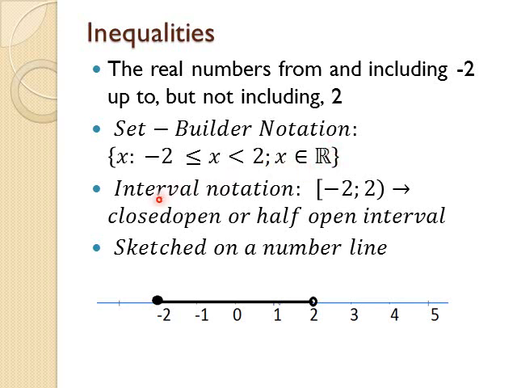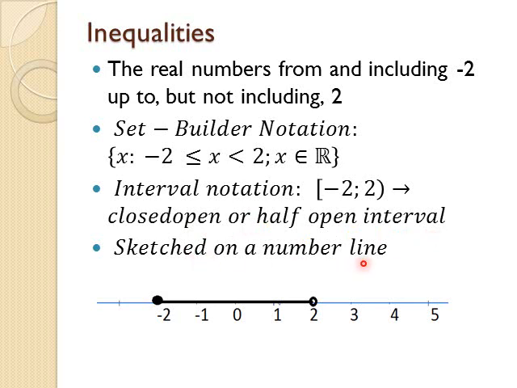Close brackets. Interval notation, because we're greater or equal to negative 2, I have a closed bracket, minus 2, and there it's not equal to 2, so therefore an open bracket, 2. This is called a closed open interval or half open interval.